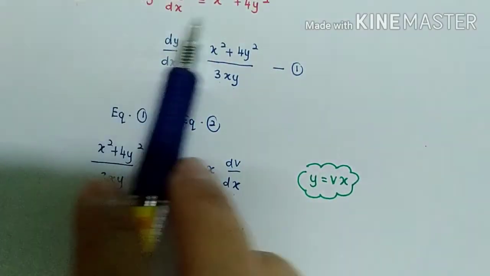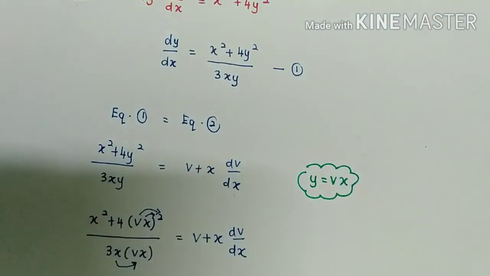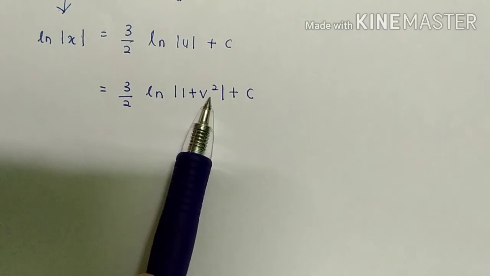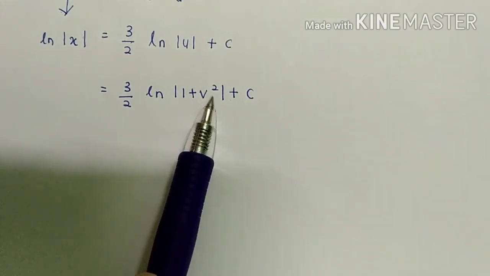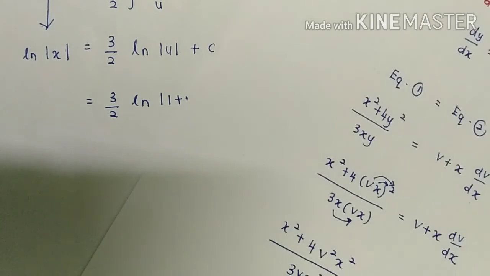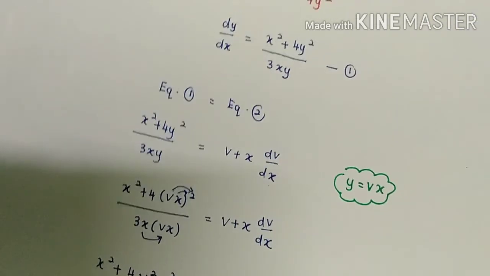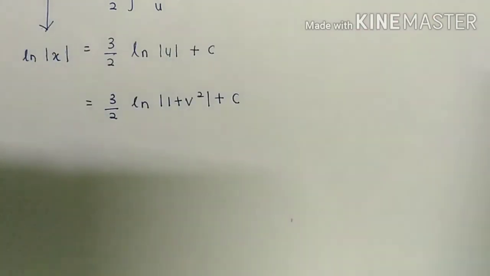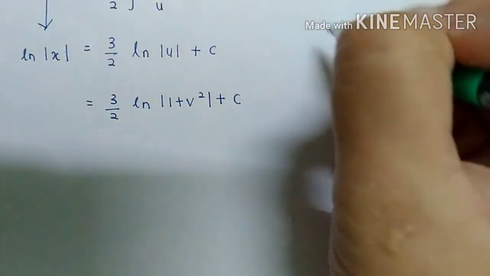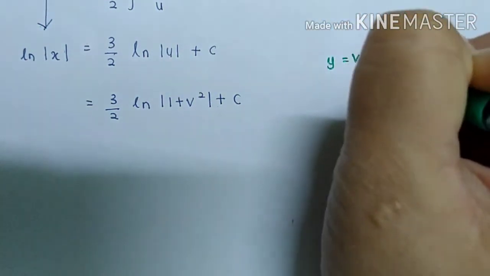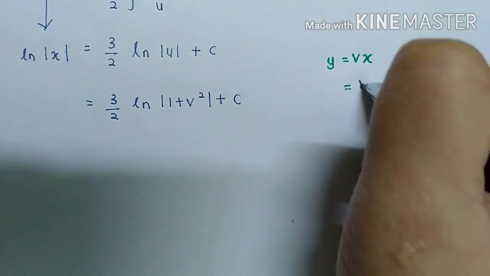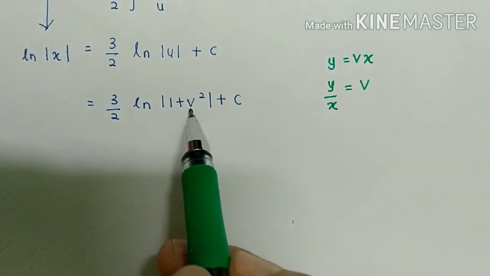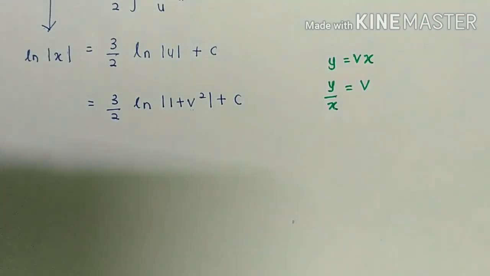So we must substitute back v here with x and y. From the equation y equals to vx, we can get v is equals to y over x. So we can substitute v here with y over x.